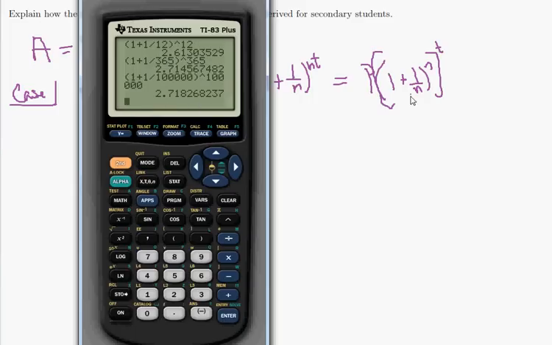So this is increasing, and you probably have done some problems to convince yourself that as the frequency of compounding increases, the amount increases, but it's certainly leveling off. And the number that it is leveling off to is e, 2.71828. You can do some numerics with this to convince students that the part in brackets increases but levels off to some number, and that number is simply given the name e.